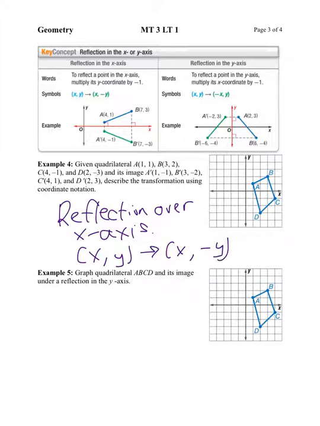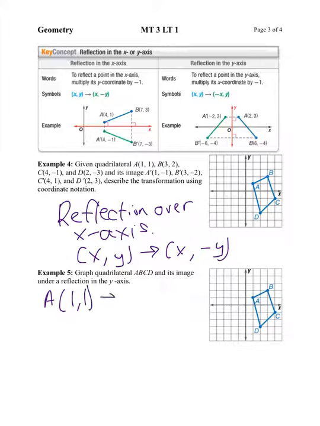Now, if we take a look at example 5, I want to graph the quadrilateral ABCD, which I've already done for you. Only this time, I want to do the reflection over the y-axis. So I'm going to do the coordinates first. A starts at (1, 1).